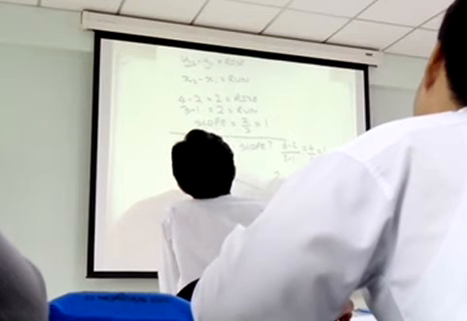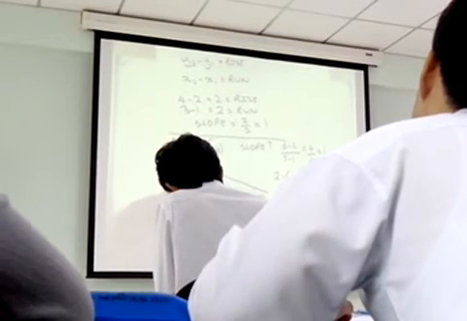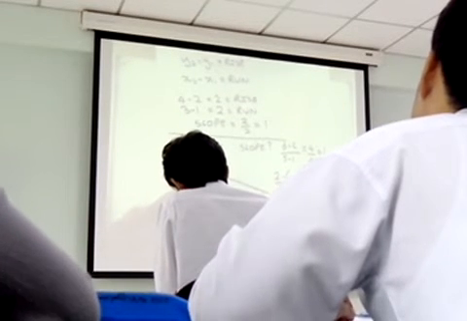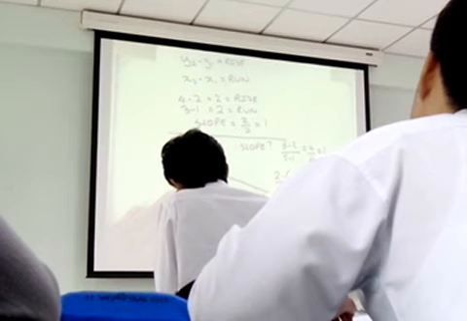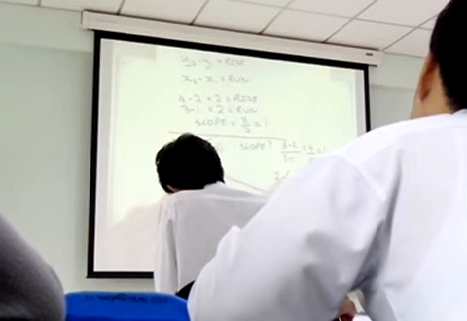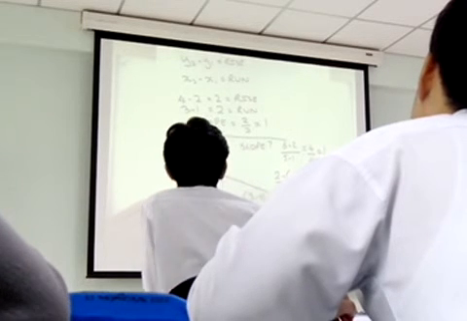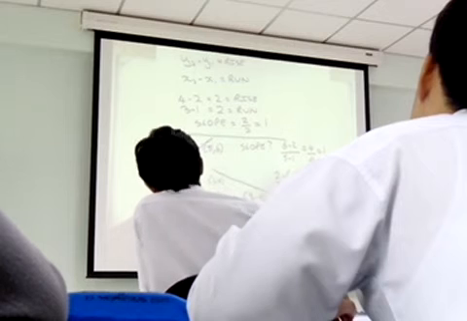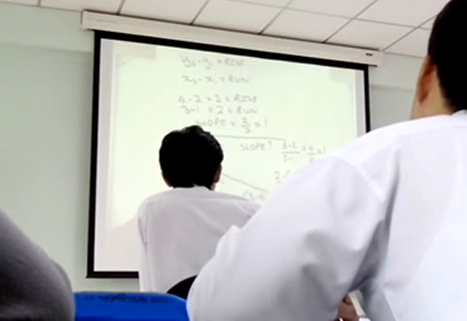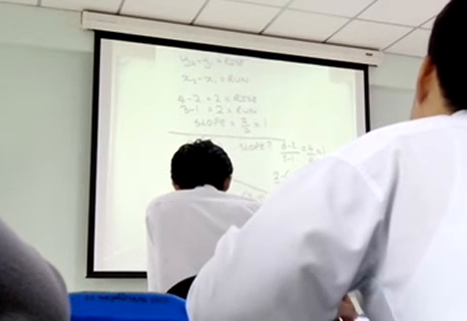The difference in the y values is 2 minus negative 4, and the difference in the x values is 1 minus 3. So 2 minus negative 4 is 6, and 1 minus 3 is negative 2. So that's negative 3.